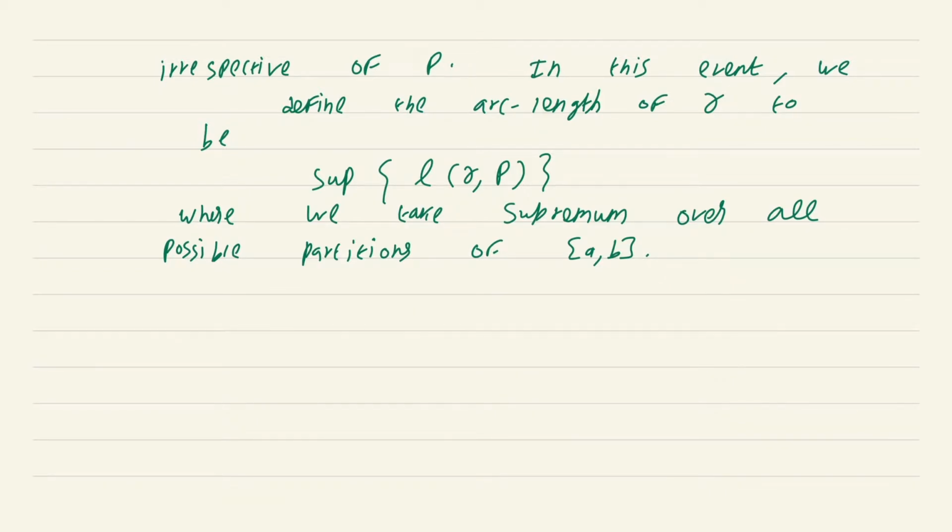That will hopelessly fail. We will see that. Essentially what we are doing is approximating the curve from the inside using polygonal paths and taking the supremum over all such lengths that you get and defining that to be the arc length.